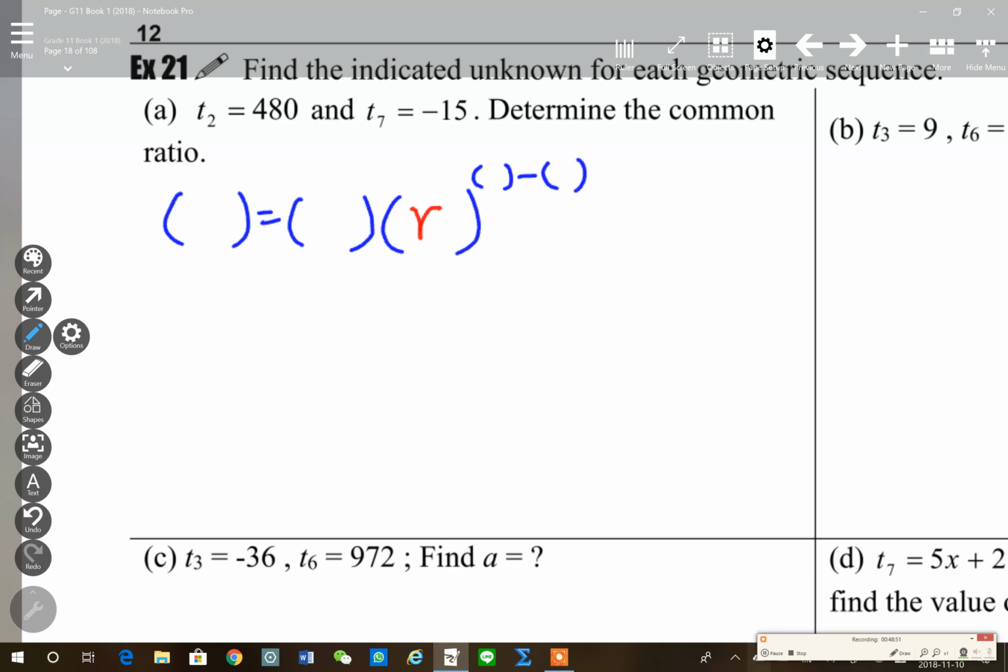Make sure you put in the right number, the term and the place. Don't mix them up. It's just simple, but the idea is the same.